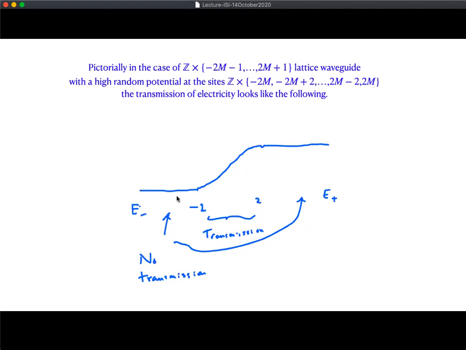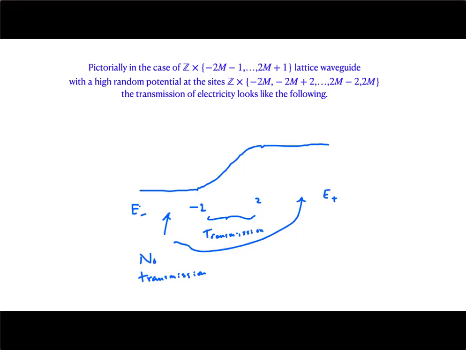Even though you're increasing the voltage, there is no transmission. And then at some stage, it starts transmitting, and again it stops. Okay? So this lattice waveguide itself acts like some kind of a filter for transmission.